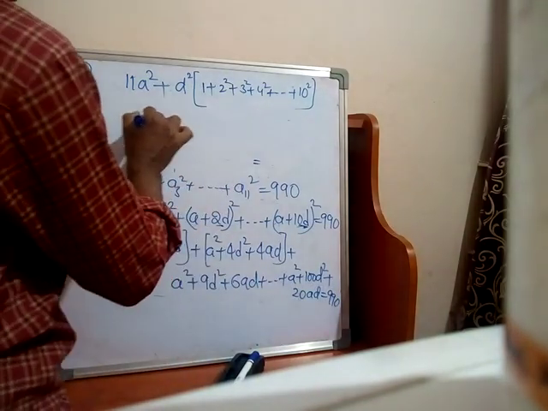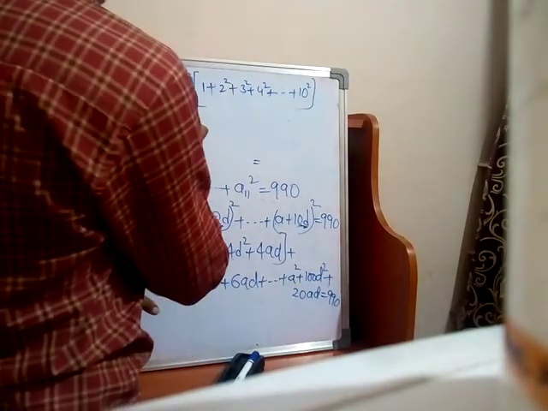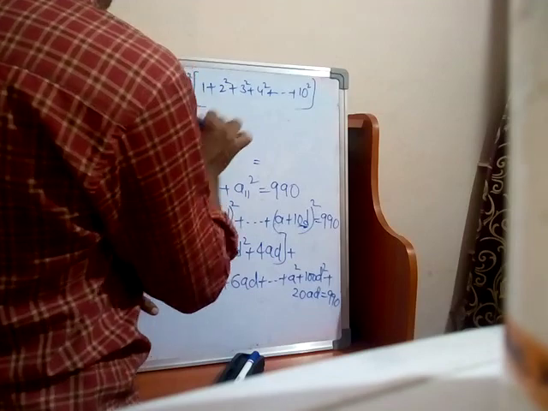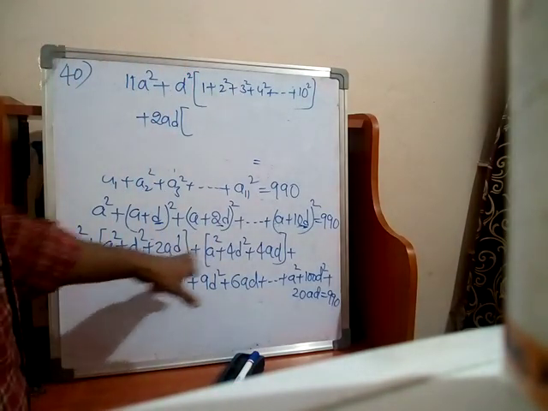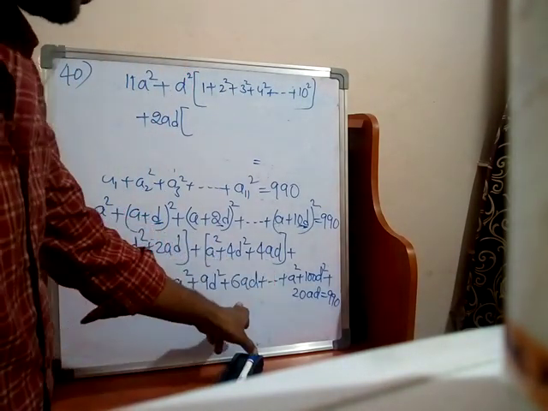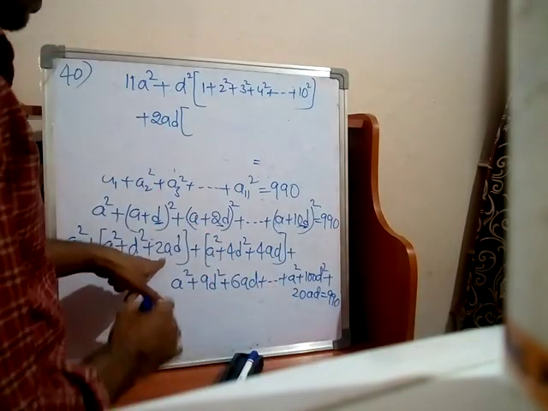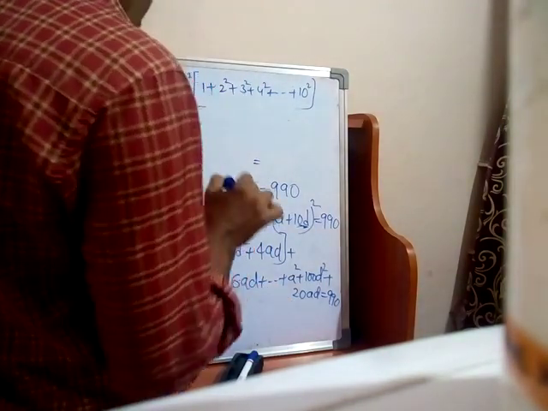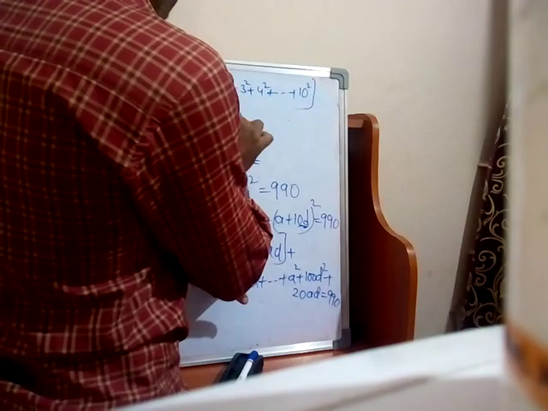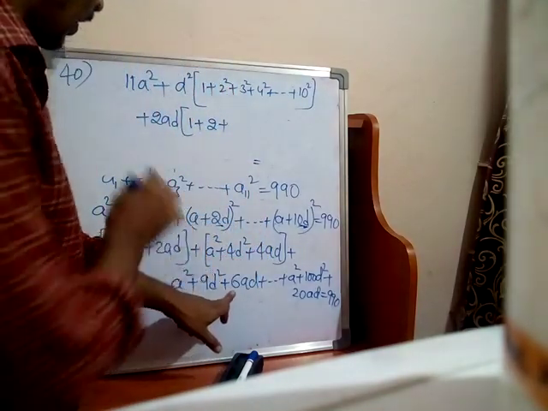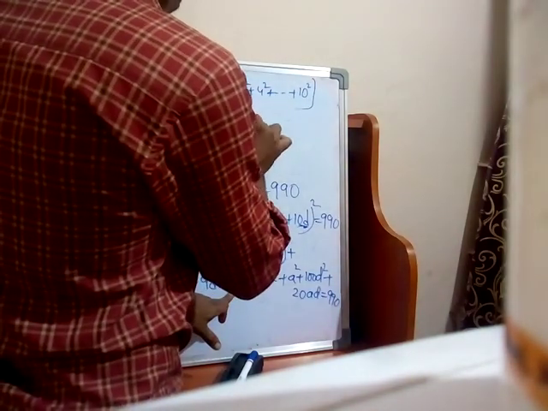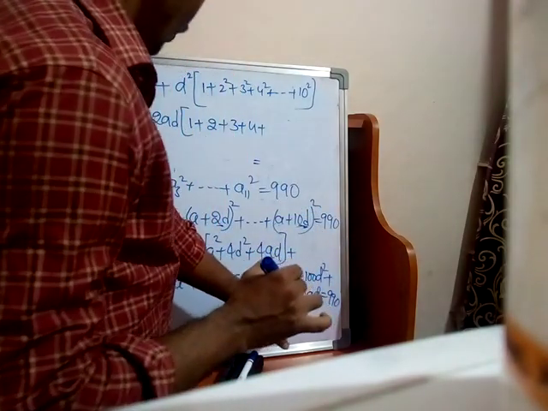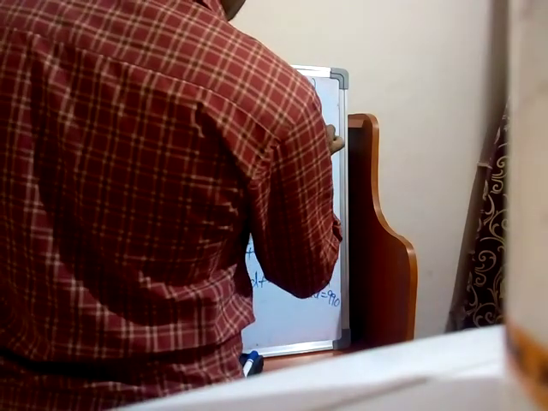Okay, next one 2ad. By taking common 2ad: 2ad, 4ad, 6ad, 8ad, 10ad, 12ad, 14ad, 16ad, 18ad, 20ad. By taking common 2ad, 1, here 2 times, here 3 times, 4 times, like that only up to 10 times.